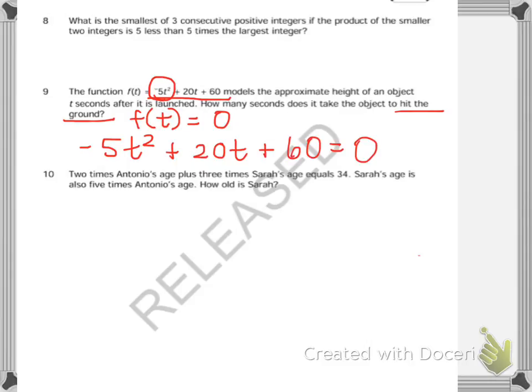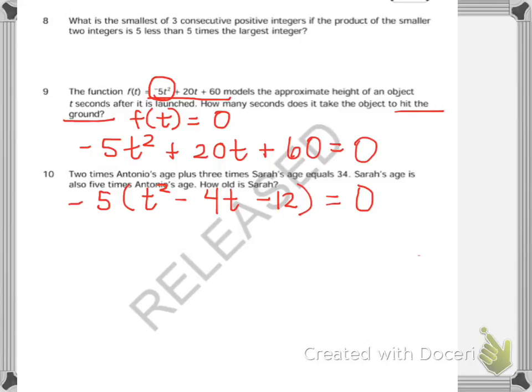And then you have to factor. First you can take a negative 5 out to make the factoring easier. Now you have to factor and find two numbers that multiply to equal negative 12 and add up to equal negative 4.